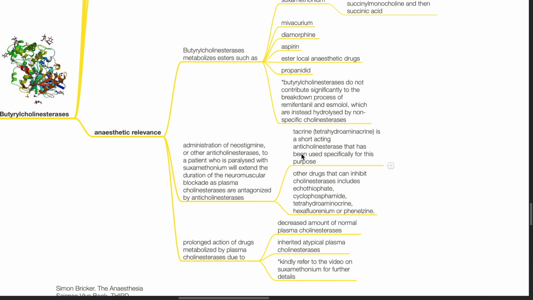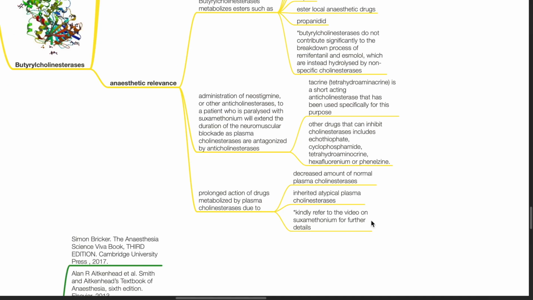Tacrine is a short-acting anticholinesterase that has been used specifically for this purpose. Other drugs that can inhibit cholinesterases include echothiophate, cyclophosphamide, tetrahydroaminoacridine, hexafluronium, or phenelzine. Prolonged action of drugs metabolized by plasma cholinesterases can occur due to decreased amount of normal plasma cholinesterases or inherited atypical plasma cholinesterases. Kindly refer to the video on succinylcholine for further details.